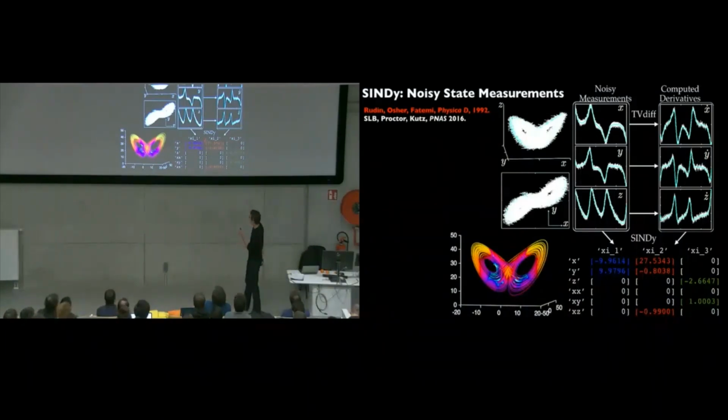All of the terms are actually quite accurate except for this term here, which is off by about 20%. And I can't tell you why, but it doesn't matter that much, obviously, because you still get the right attractor. Okay, good. So you can discover nonlinear dynamical systems in the same spirit of what we're doing in DMD and eDMD, but now you can use it to discover the actual vector field F itself.